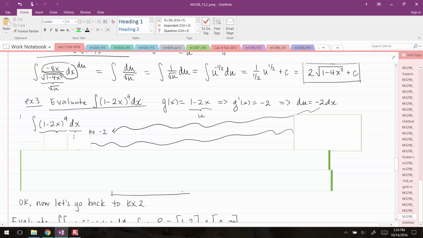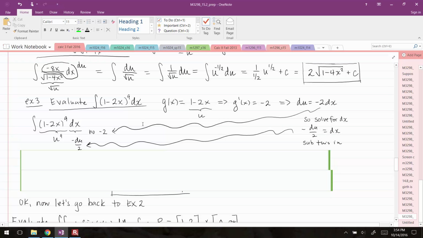So, looking at this, what we'd have so far is u to the 9th. Now handling the du part, there's no negative 2. One way to get a negative 2 is to take the little equation for du that you had, divide by negative 2 on both sides, and note that you get a little substitution for dx, that is negative du over 2.